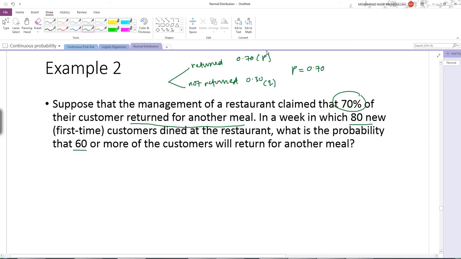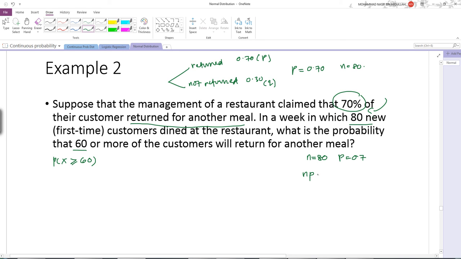So our N is equal to 80 here, right? And we want to find probability of X more than or equal to 60. So our N equal to 80. Our P is equal to 0.7.